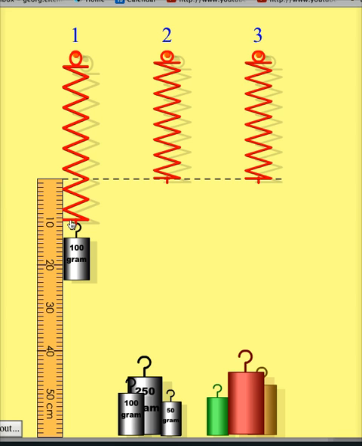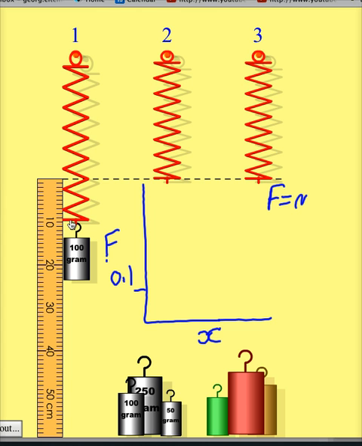If I was to draw a graph of this, let's think about it. I'll draw one here just for kicks. So 0.1 kilograms, 100 grams. This is the force, and this is the displacement. Oh, and I made a mistake already, because the force is not 0.1 kilograms. Force equals mass times the gravitational constant, which is 9.8.